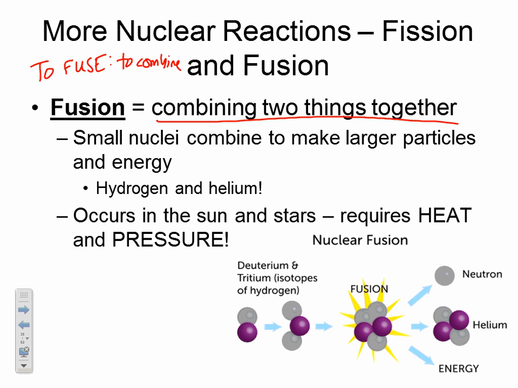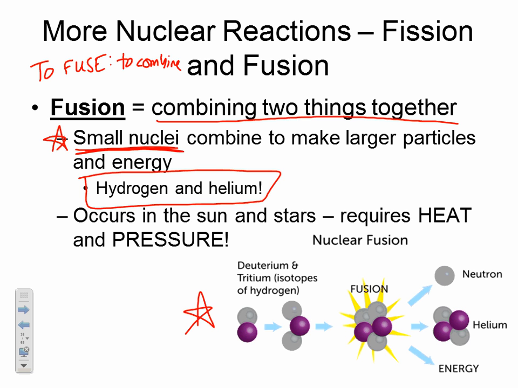And we see fusion can only happen with very small nuclei. So we're talking hydrogen, helium, and that's about it. Like possibly lithium, but as soon as you get any bigger than that, then it is no longer fusion. It would be artificial transmutation instead. So fusion is tiny nuclei, or small nuclei, combining to generate something bigger.